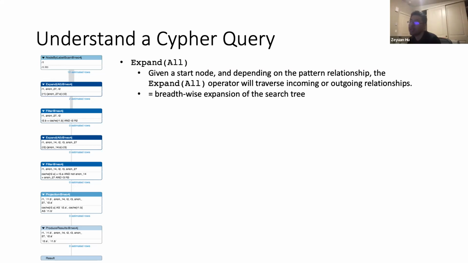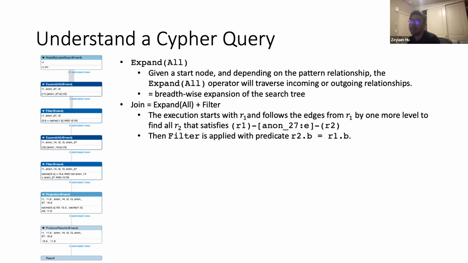So in a way, you can see this as a breadthwise expansion of a search tree. And then this expand all plus the next step filter implements the logical join. So the execution started with R1 and follows the edges from R1 by one more level to find all R2 that satisfy the following condition. And then we use filter to apply the predicate R2.b equal to R1.b.